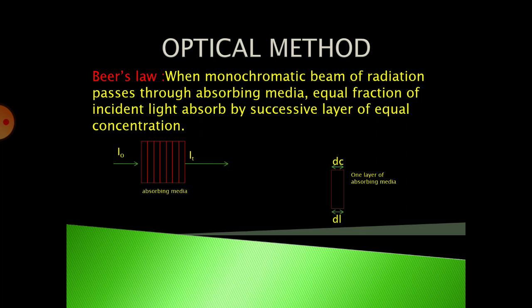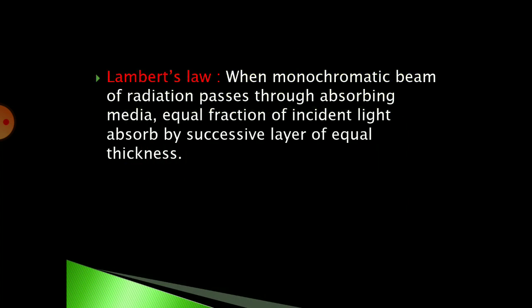In another diagram, one layer is shown having concentration dC and thickness dL. Similarly, Lambert's law can be stated: when a monochromatic beam of radiation passes through absorbing media, an equal fraction of incident light is absorbed by successive layers of equal thickness.